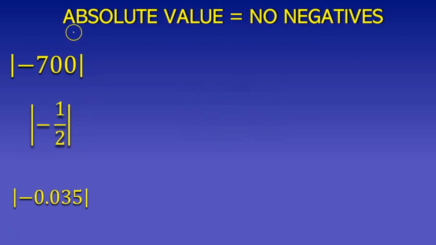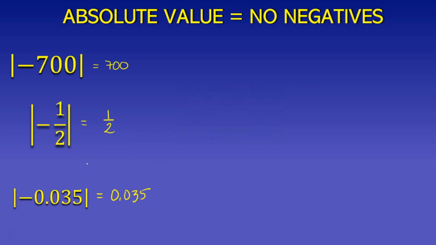And again, the absolute value disregards that sign. So the absolute value, or ABS, of minus 700 is going to be 700 positive. The absolute value of minus 1 divided by 2 is 1 divided by 2. And the absolute value of minus 0.035 is 0.035.